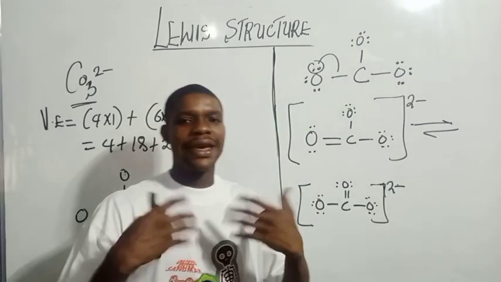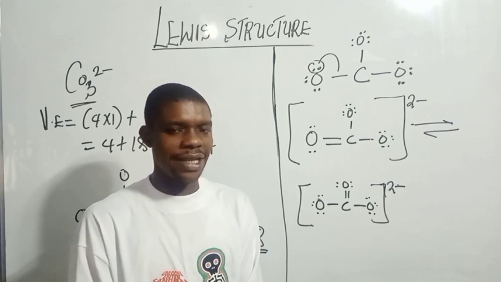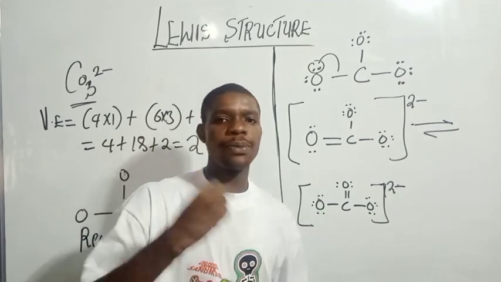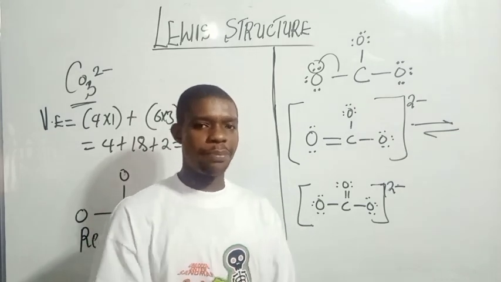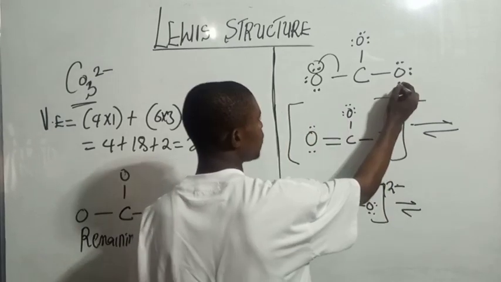Like what I said, resonance structure is not like one big stuff that should give you a decay. The only thing about resonance structure is that it forms multiple bonds at different points. So another may decide to take from here.